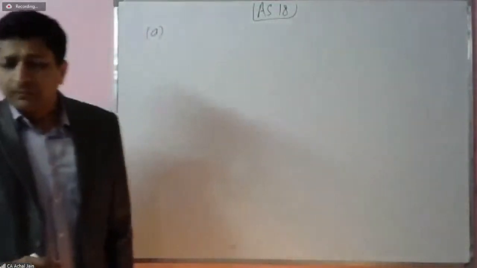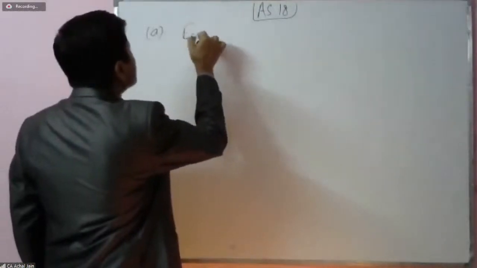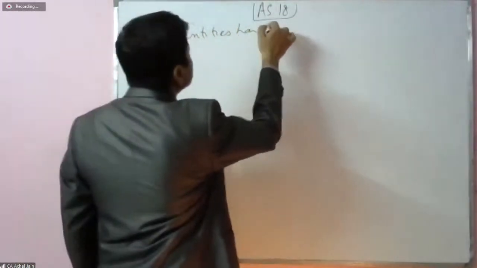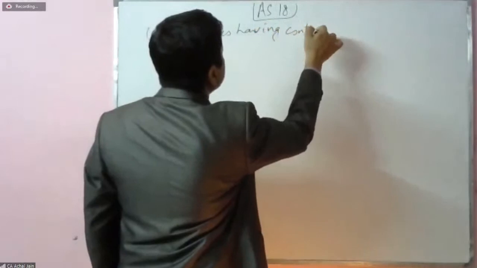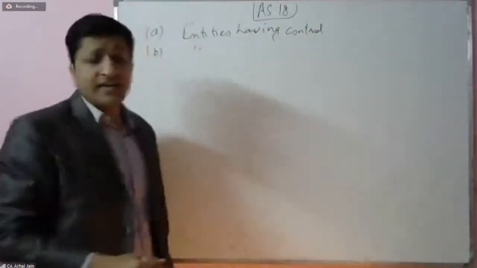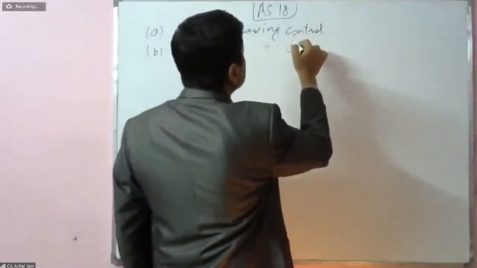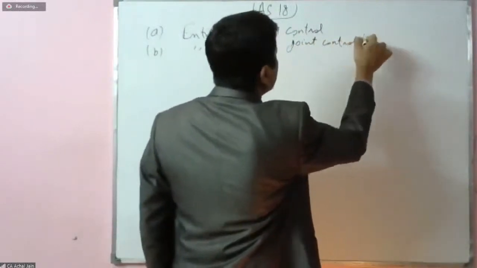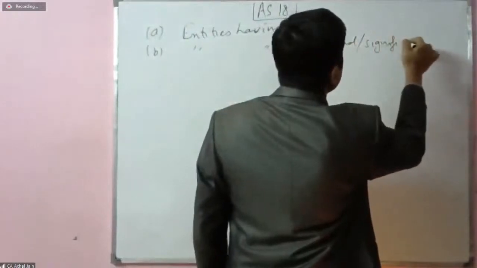Now, one was about entities having control. Second was entities having joint control or significant influence.